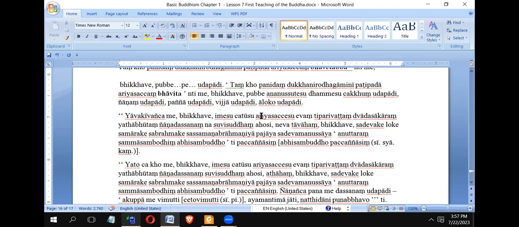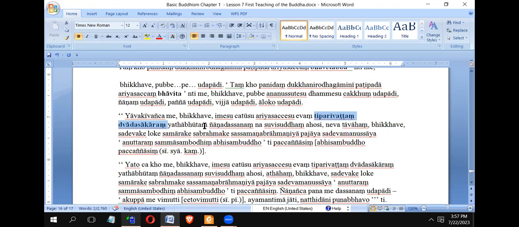Yavakivancha me bhikkhave ime so chatusu ariyasaccesu evam tiparivattam. This one, the 3 phases and 12 aspects, no? This one: yathabhutam, as it is, nanadassanam, knowledge and vision, na suvisuddham hosi. This is the verb here. Not purified, not thoroughly.